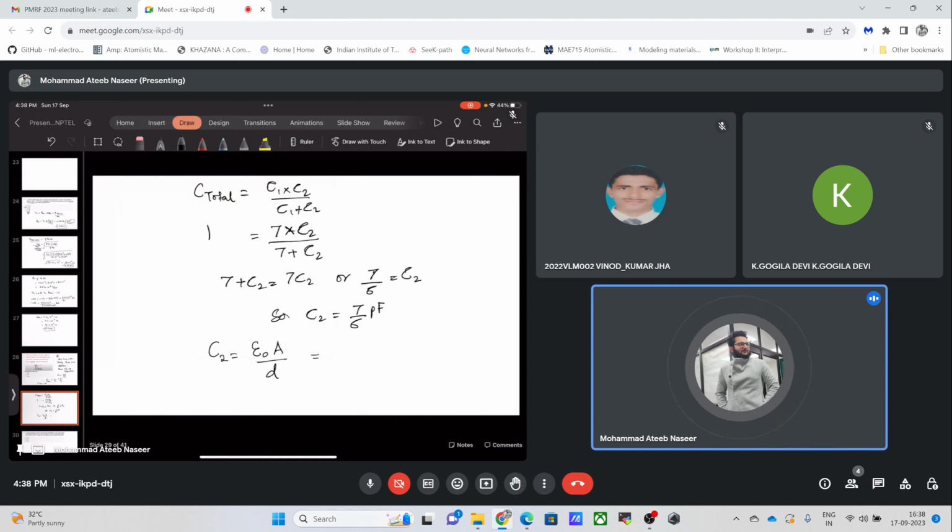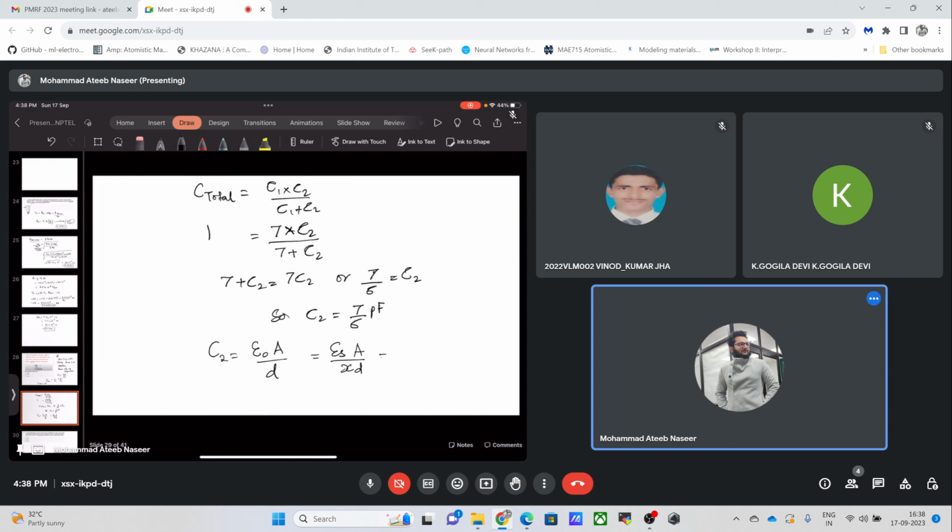So this epsilon is epsilon s simply, because the depletion capacitance is in the semiconductor region, epsilon s A by d, where d is the depletion width in the silicon region, denoted by xd.